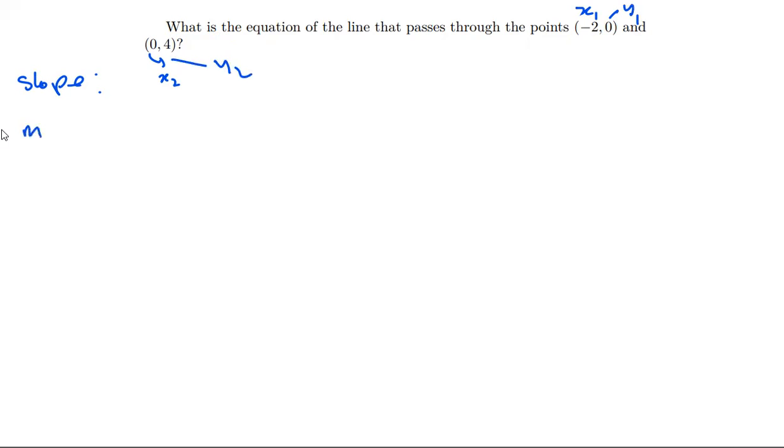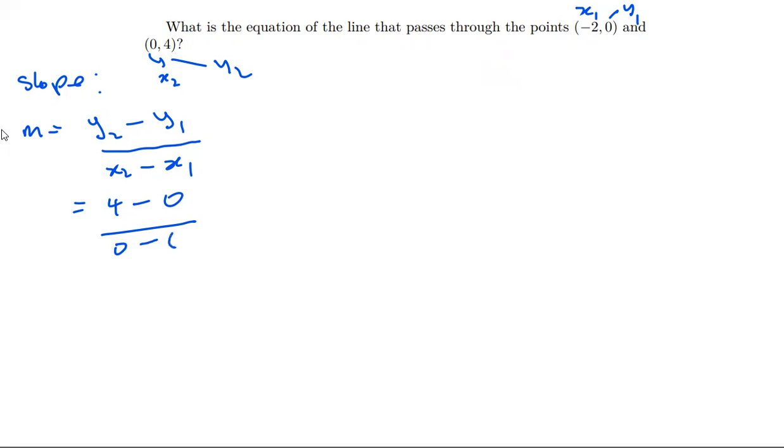So the slope m is equal to y2 minus y1, all divided by x2 minus x1. Okay, y2 is 4 minus y1, which is 0, all divided by x2, which is 0, minus, remember to always have that minus, -2 for x1.